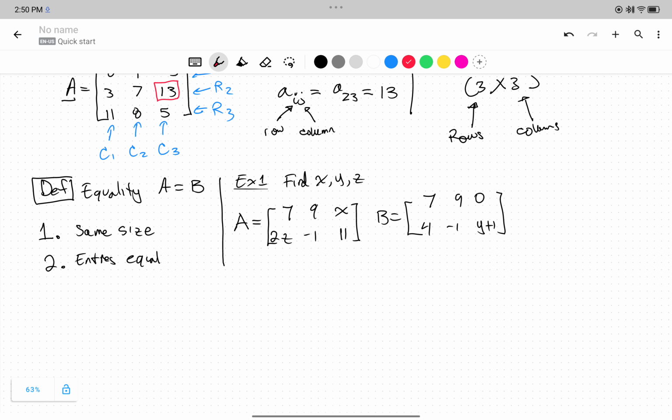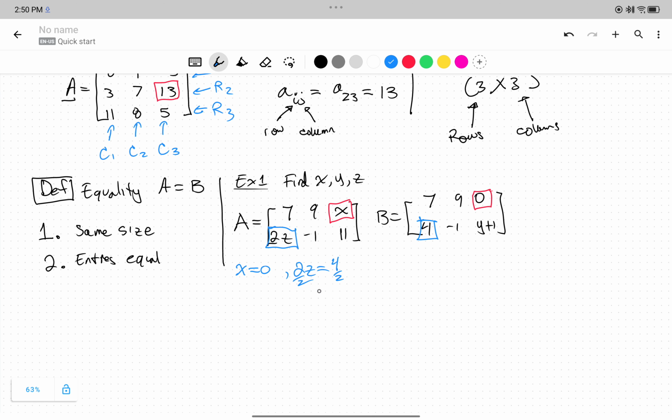This should go pretty smoothly because this is located in the same place as this one, so those are considered to be corresponding entries. That gives you the first answer, x equals 0. I'll use a different color. This one goes with this one, so 2z equals 4.